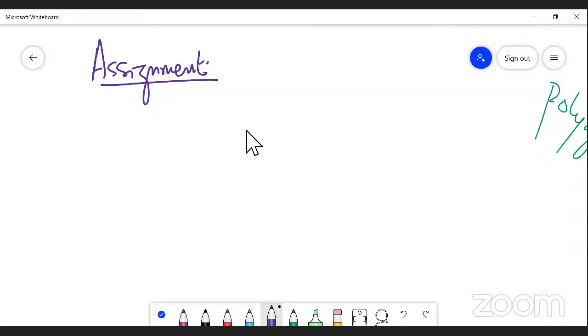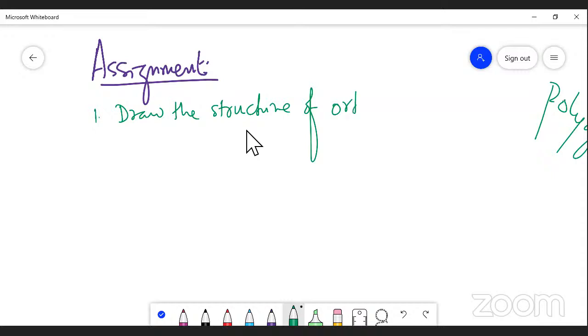The first question: draw the structure of an orthotropous ovule and label the parts.